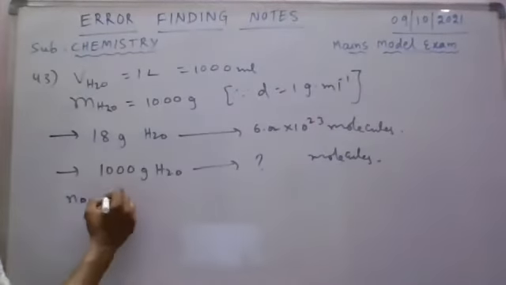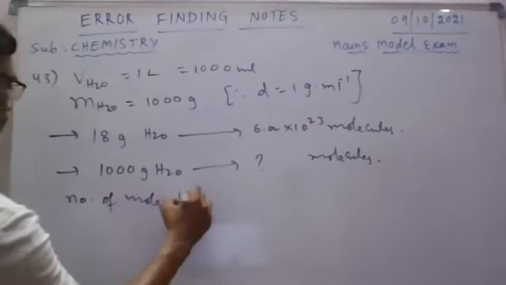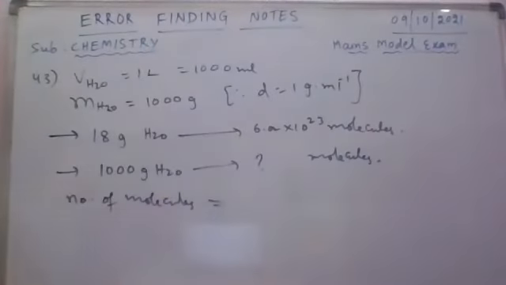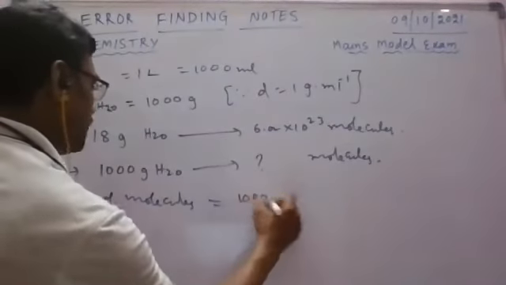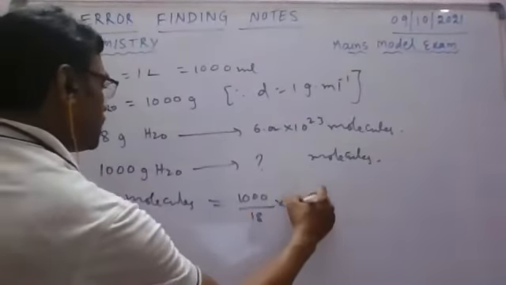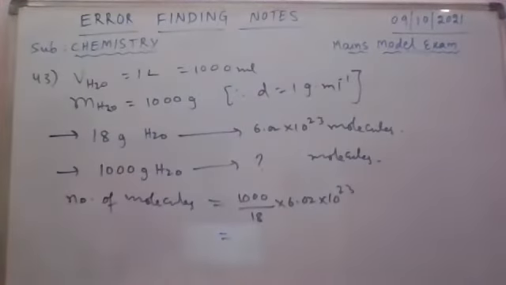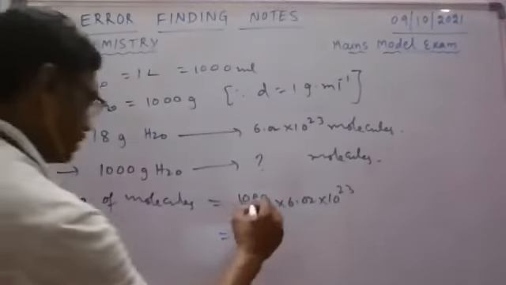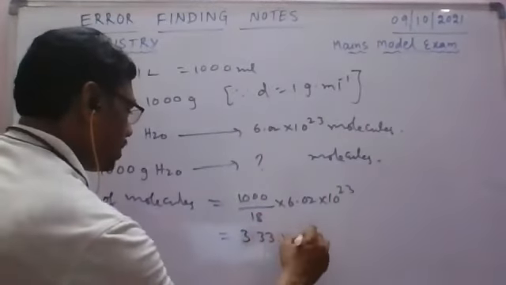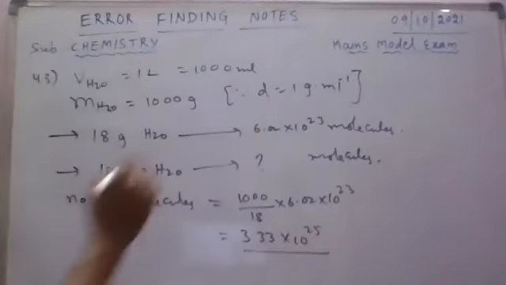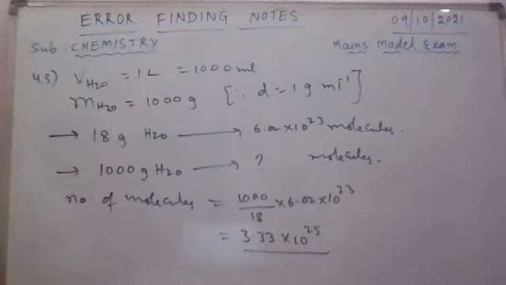Number of molecules, do cross multiplication: 1000 by 18 into 6.02 into 10 to the power 23. If you simplify this, you get 3.33 into 10 to the power 25 molecules.